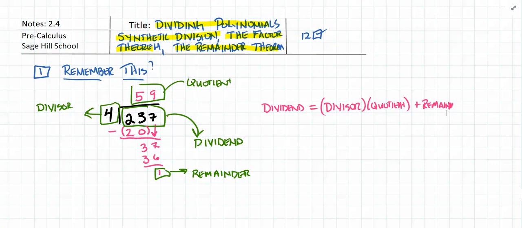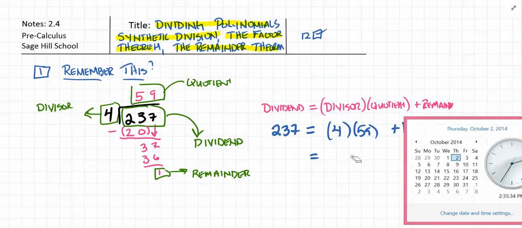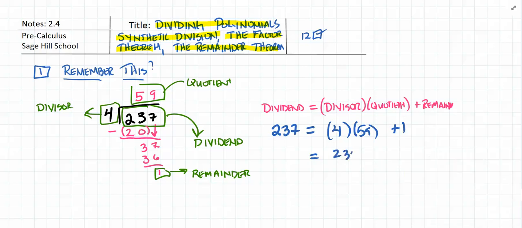So check this out, I'll prove it to you right now. In our case, the dividend was 237, right? So 237 I'm claiming is the same thing as the divisor, which is 4, multiplied by the quotient, which is 59, and then added to 1. Doing the complete opposite thing you just did. There you go. 236, right? And then plus 1.